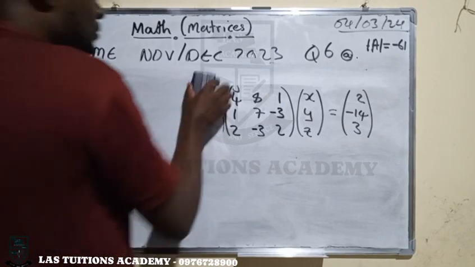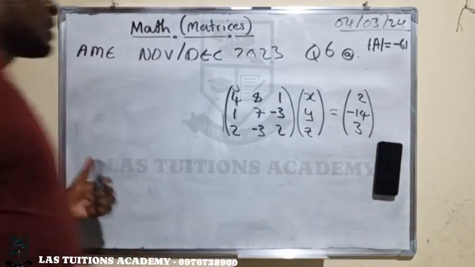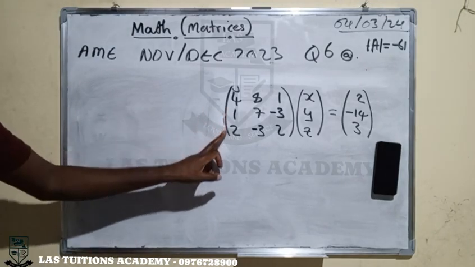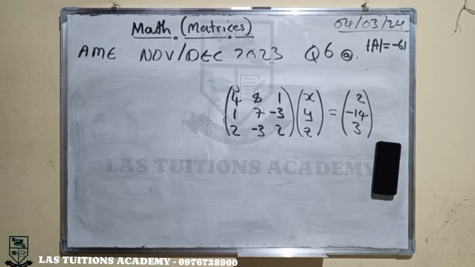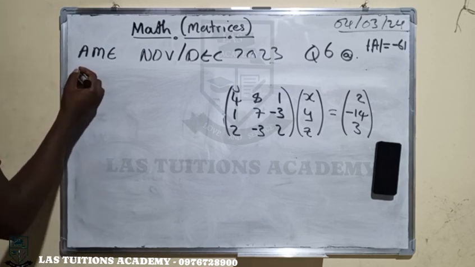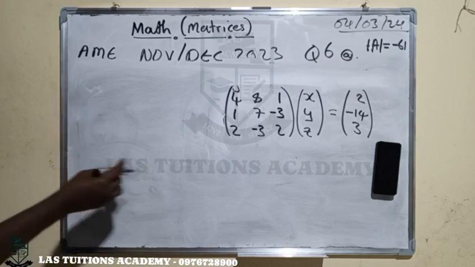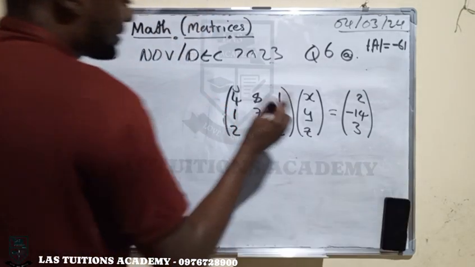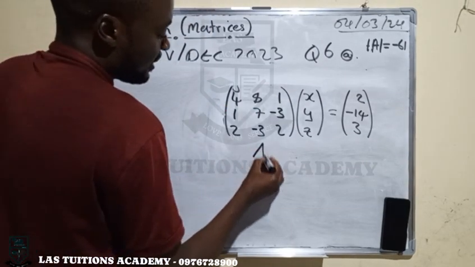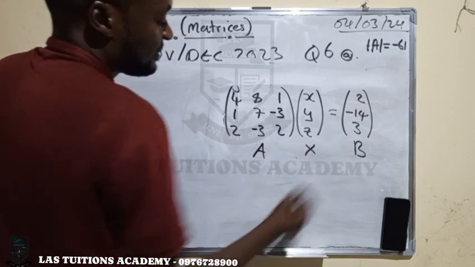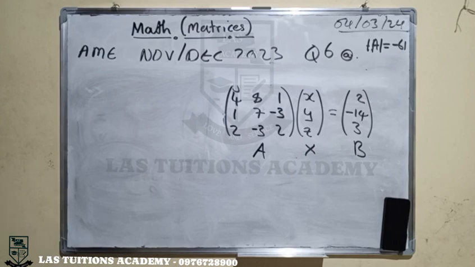When you are using the inverse method, you are required to find the inverse. So the way this matrix has been presented, this is our A, this is our X, and this is our B. Okay, so that is how it goes.